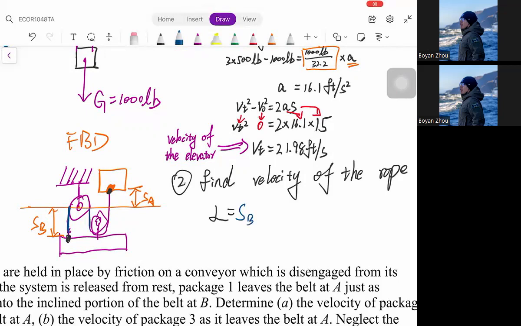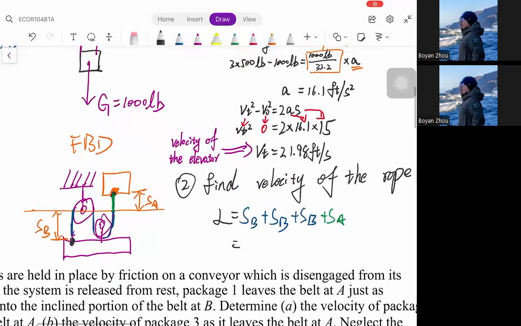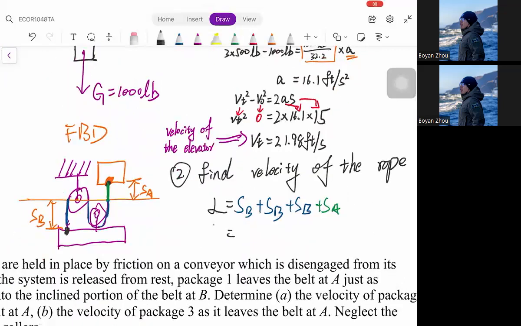Going down, the second SB. Going up until this point, it's another SB. And the last segment from here to here is SA. Simplifying everything, we have 3 times SB plus SA.